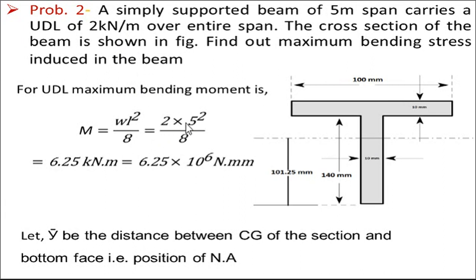So 2 into the total span of 5 squared, divided by 8. After calculation the value is 6.25 kilonewton meter. If you convert that value into Newton mm, you have to multiply by 10 raised to 6. So 6.25 into 10 raised to 6 Newton mm.